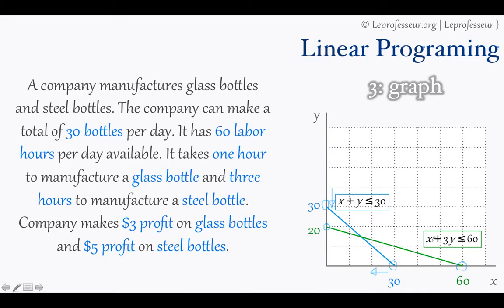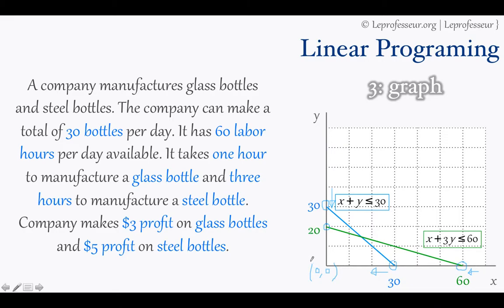In the same way, we can say that the equation x plus 3y less than or equal to 60 says that the value of x is 60 or less. And in this, we are assuming that both variables x and y have a minimum value of 0, so our solution would have positive values of x and y.